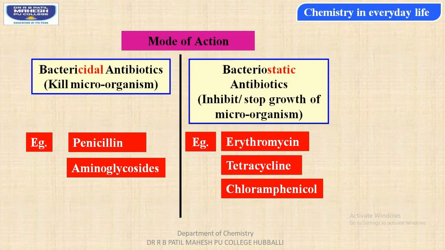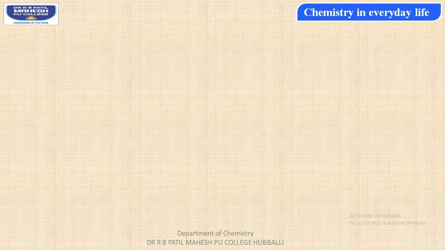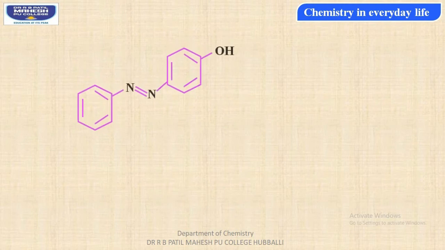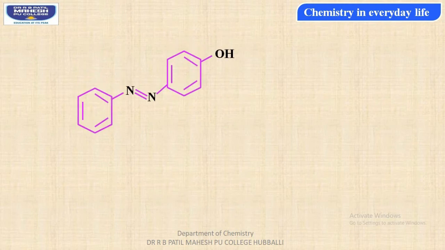Let us consider some examples of antibiotics. The first one is salvarsan with the molecular formula C12H12As2O2N2. In this case, both the phenyl rings are interlinked by means of a double bond. This, students, we can compare with azodye, which is obtained by the diazotization reaction of benzene diazonium chloride with the phenol molecule.